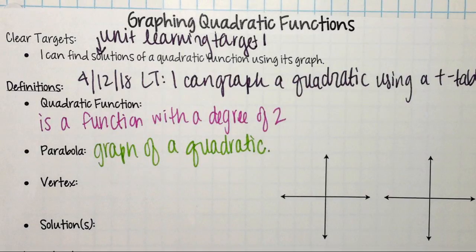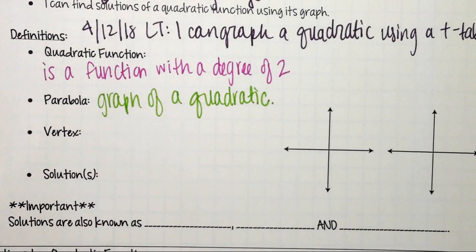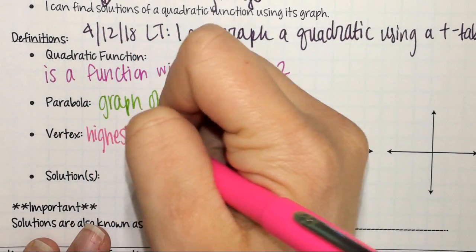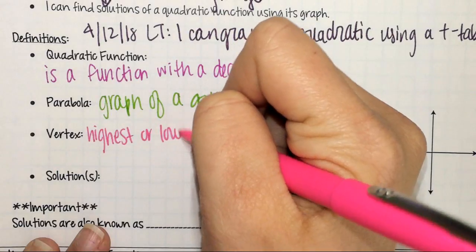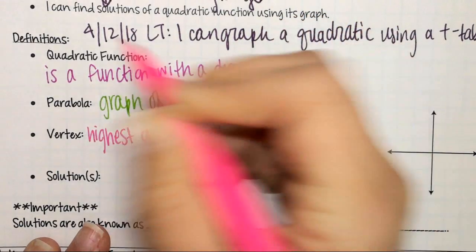Now the graph of a quadratic can look 2 ways. It can open up or it can open down, and it's always going to be a U. On your parabola, you have a vertex. It is the highest or lowest point on the graph.